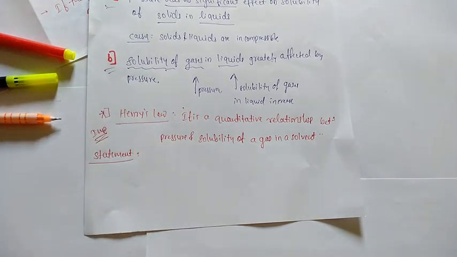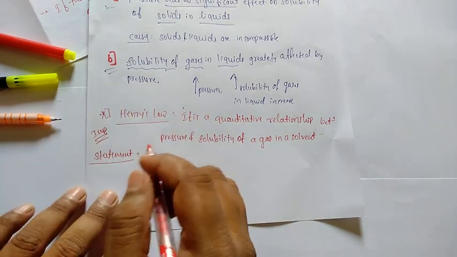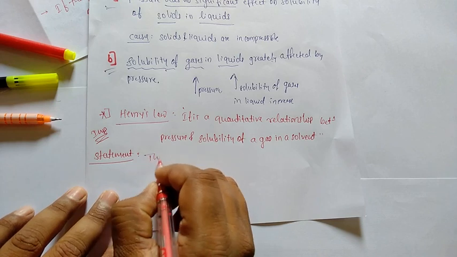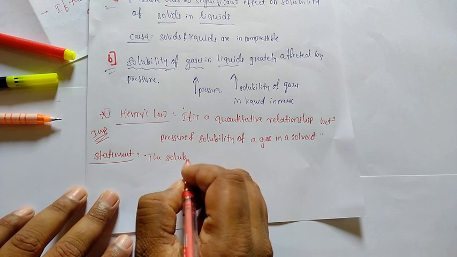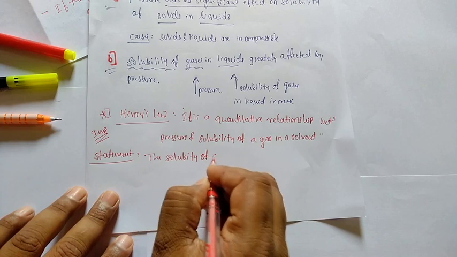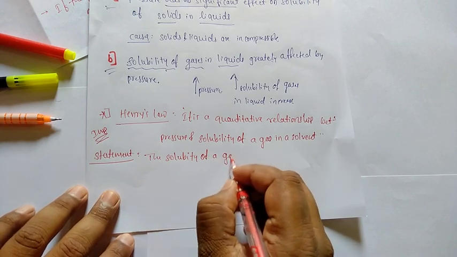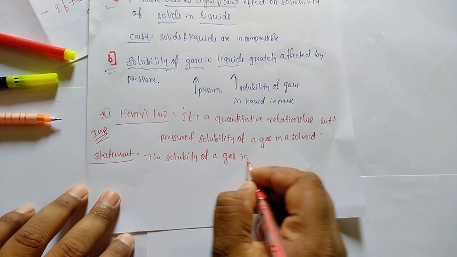Or one more: the partial pressure of the gas in the vapor phase is proportional to the mole fraction of the gas in the solution. First one, the solubility of a gas in a liquid.